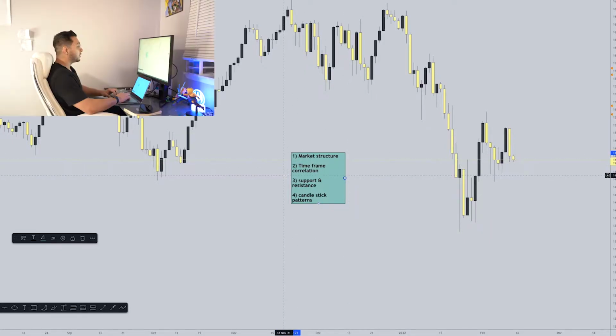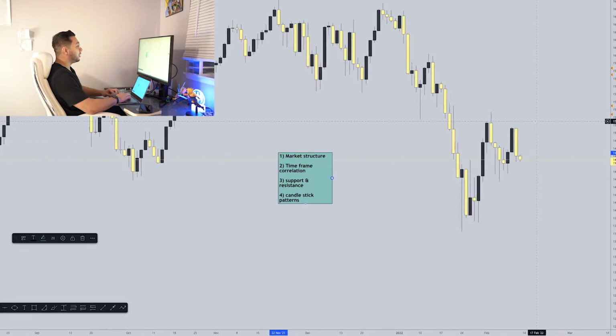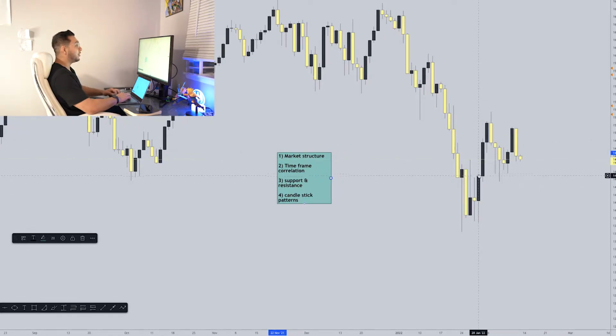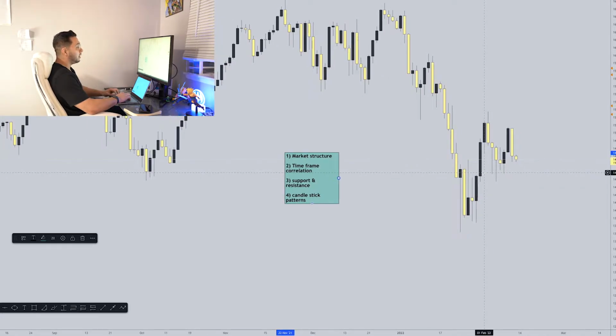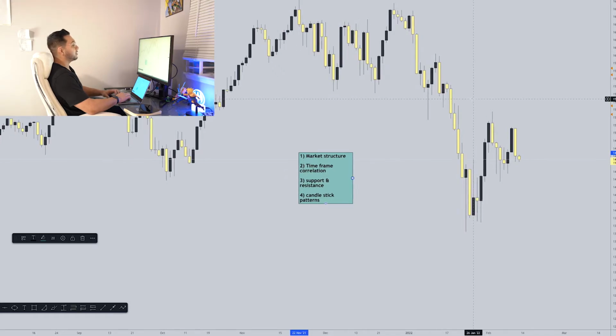Next, you need to be good at time frame correlation, on how lower time frame structure and higher time frame structure correlate with each other, as well as the life of a candlestick. You have to understand what time it is and how a particular candle opened and is reacting and is moving in conjunction with what is happening in the lower time frame.